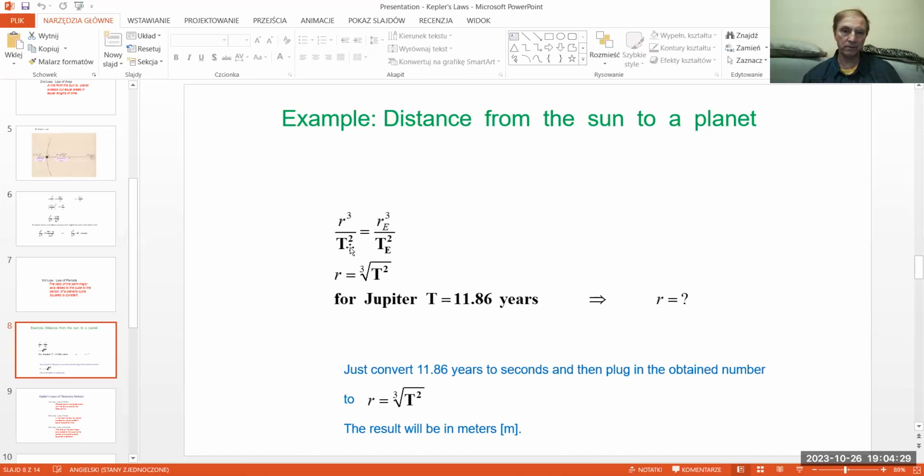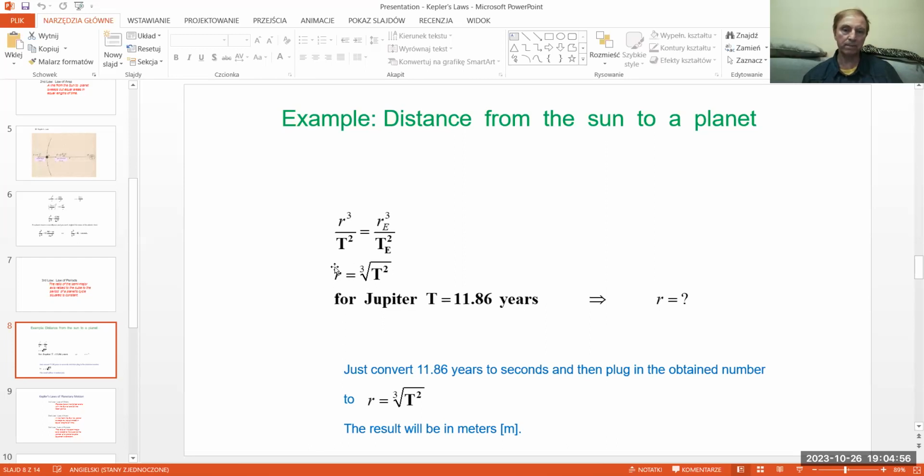If we extract the cube root of both sides, we get this equation that r, which stands for Jupiter's semi-major axis, is equal to the cube root of t squared, where t is 11.86 years.